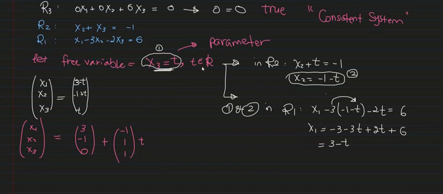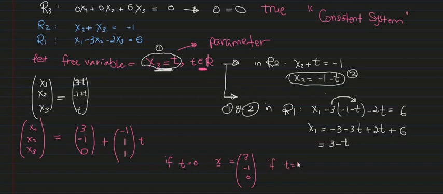We have indicated that this t belongs to all real numbers, so this t can be any value. It can be 0. In this example, if t is equal to 0, then the solution, the x vector of the unknowns, will be 3, -1, and 0, right? What if t is equal to 1?